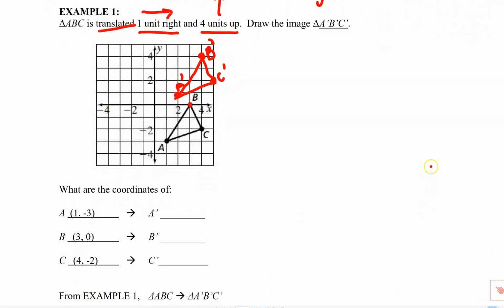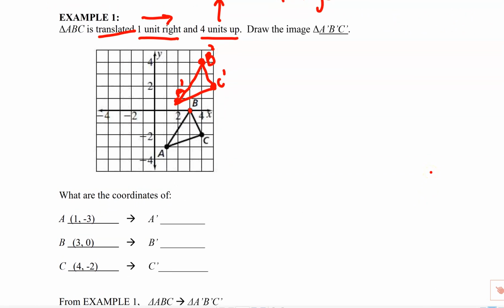Now we're going to write down the new points. So here my A prime is now 2 and positive 1. My B prime is 4 and positive 4. And my C prime is 5 and positive 2. All right. Now, let's go ahead and see what happened to the points.